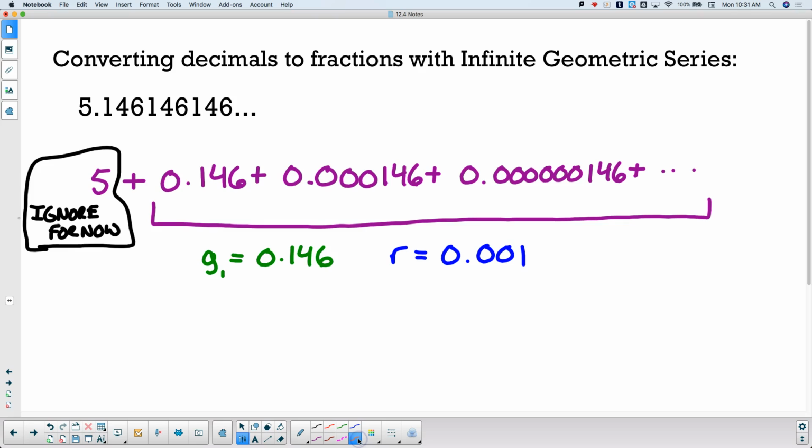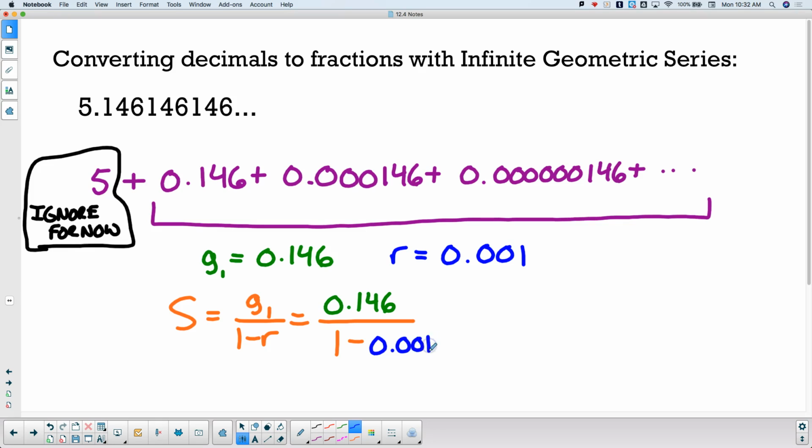Now, let's do our sum of just the purple box part. First term was 0.146. R value, 0.001.